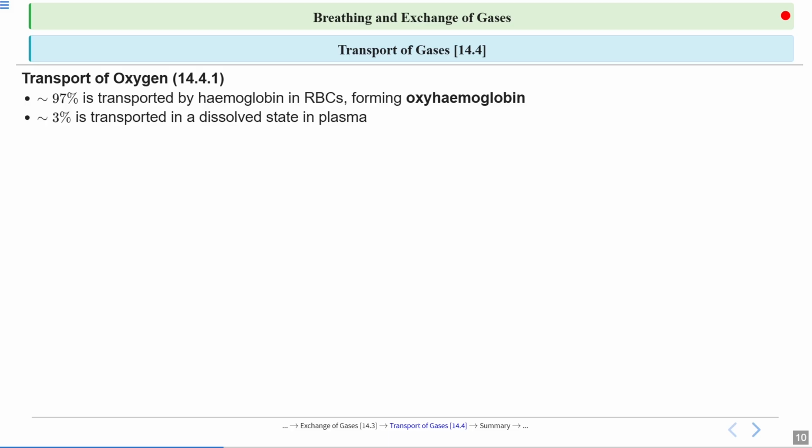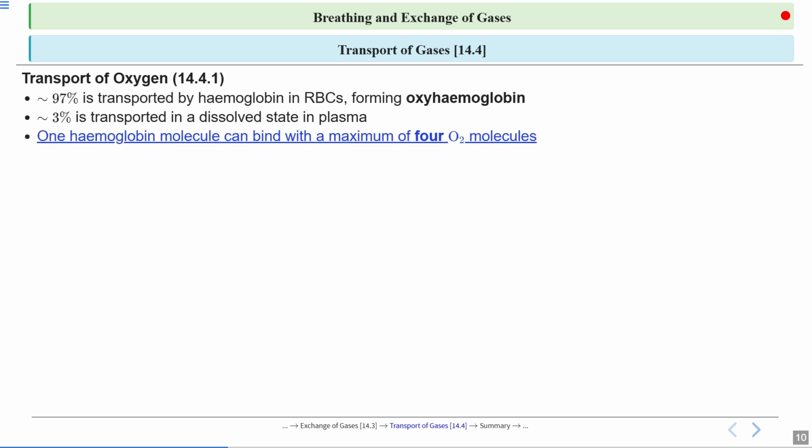You all know that a large percentage of the blood is made up of plasma, so some oxygen also gets dissolved in the plasma. So what is the percentage? 3%. You can say that most of the oxygen is transported with the help of hemoglobin only, in the form of oxyhemoglobin.